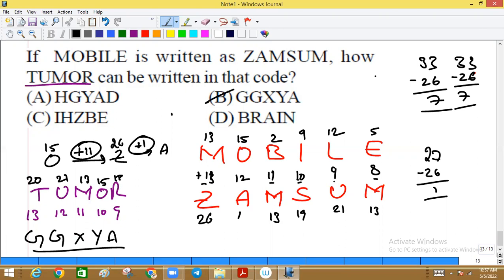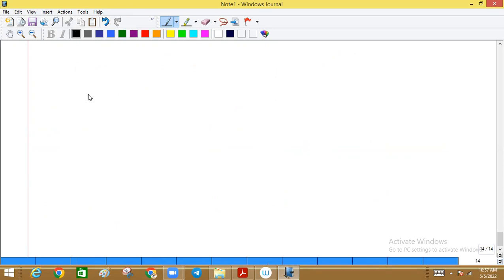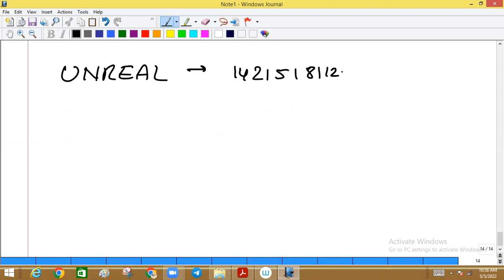From where will we start? Write down. In a certain code language, unreal is coded as 14215181121.